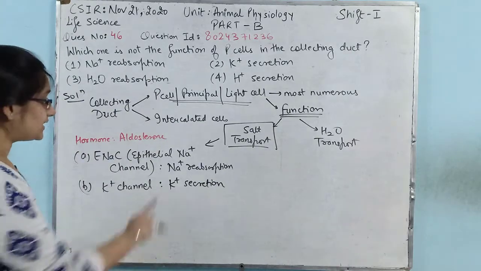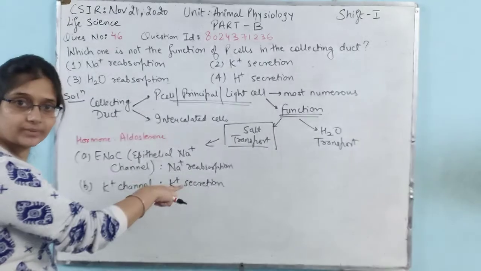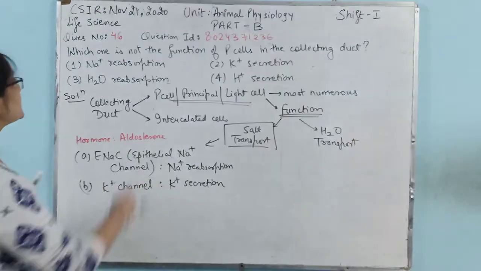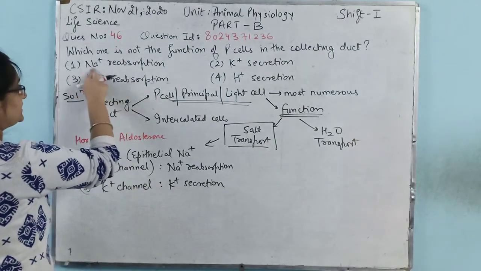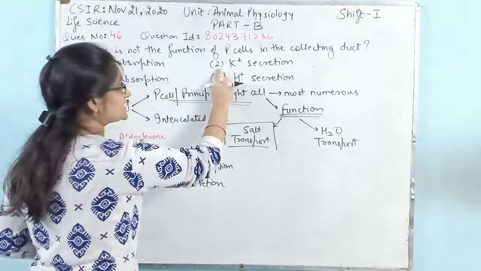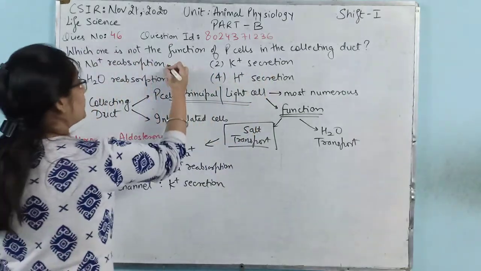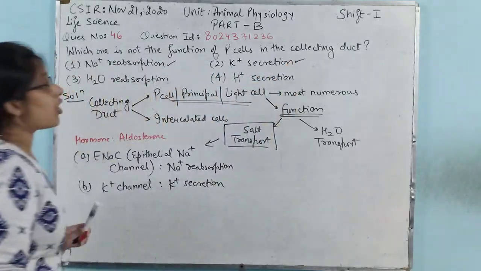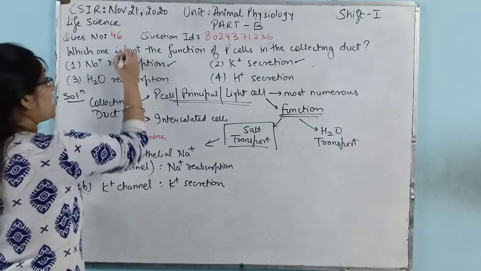So that's how they regulate salt transport, and thus option 1, sodium reabsorption, and option 2, K positive secretion, are both functions of the P cell, and we have been asked which one is not.